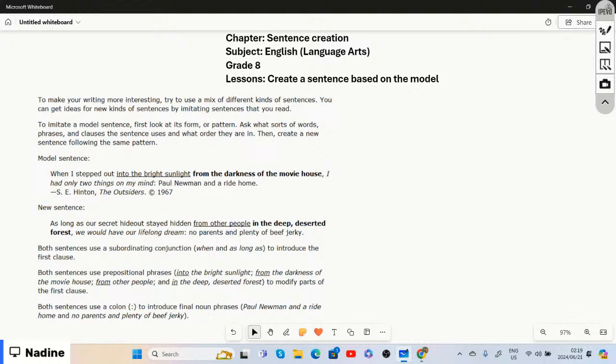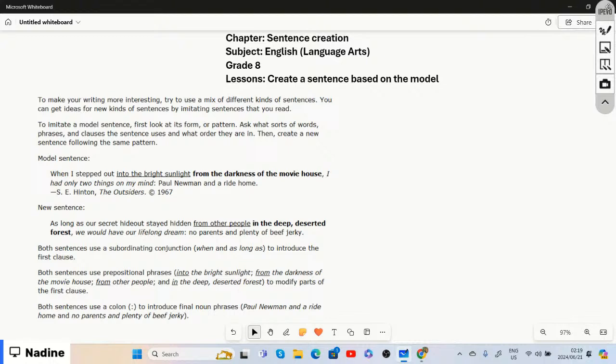But as soon as we recreate our sentence by making it more interesting, mixing different kinds of sentences, using punctuation marks, and using different words to describe different nouns by imitating sentences, that makes reading as well as writing more interesting.